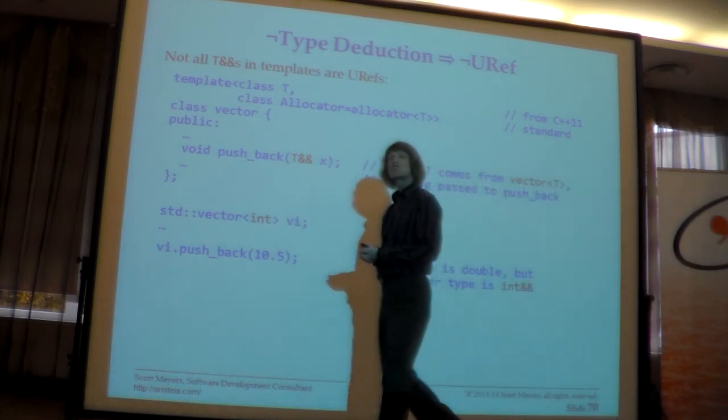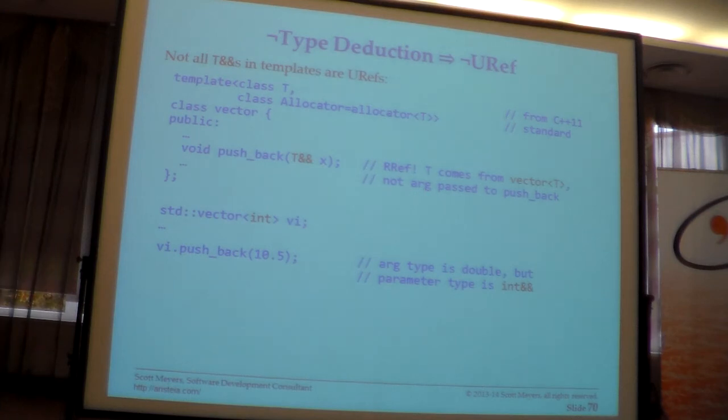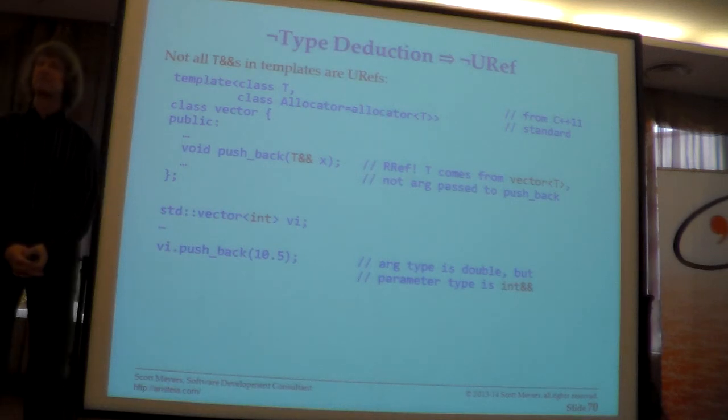Where things get tricky is that not all occurrences of T ref in a template are universal references. Let me pause for a moment and tell you why I'm explaining this. It is because if you cannot distinguish universal references from R-value references in source code, you will not be able to read the source code and understand what it is doing.